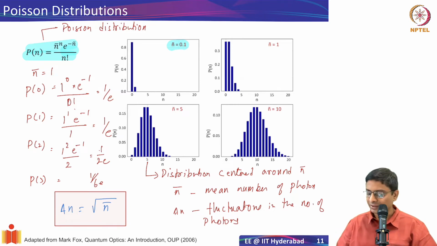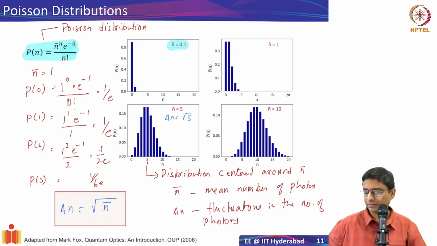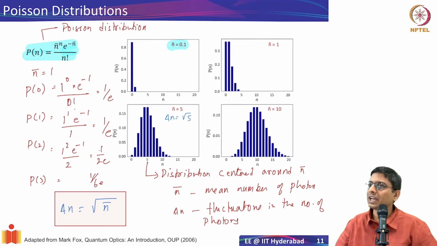If the average number of photons is 5, the fluctuation, delta n, is the square root of 5, so 2 point something. But if the average number of photons is 10, delta n is the square root of 10, which is 3 point something.